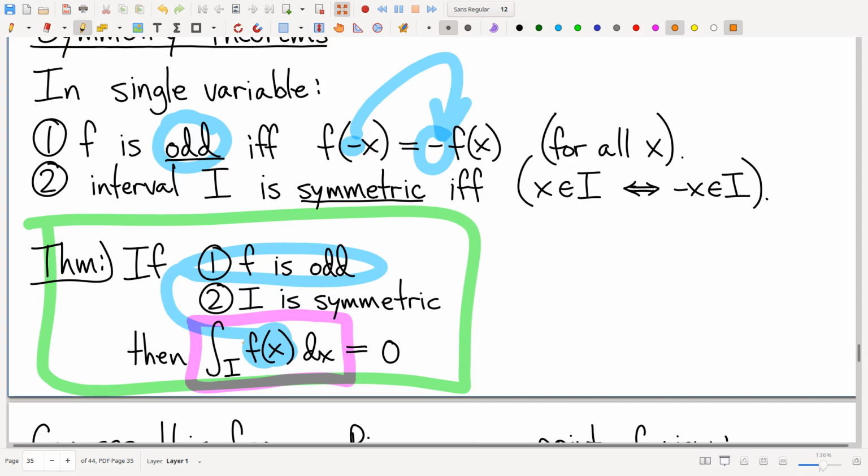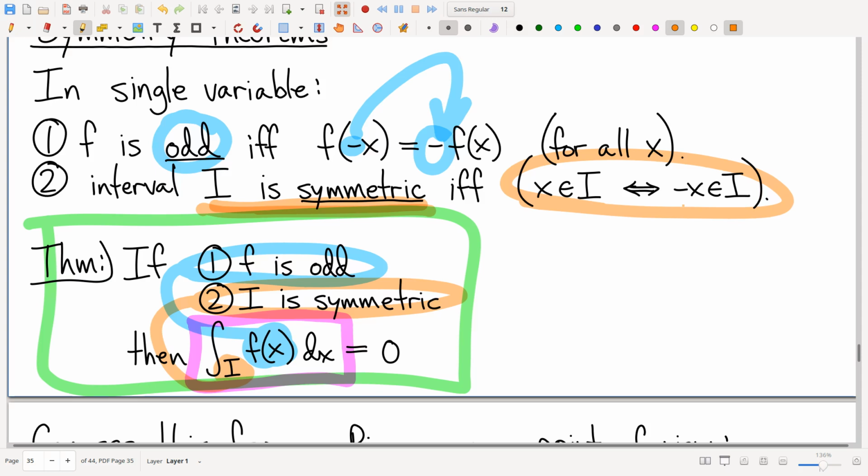Now, furthermore, if your domain is symmetric. Now, symmetric means, I'm going to say kind of exactly what you would hope it means. I've written it down in a precise way here, but I don't think this really is the easiest way to think about it. Symmetric just means that if you reflect it over the origin, it doesn't change.